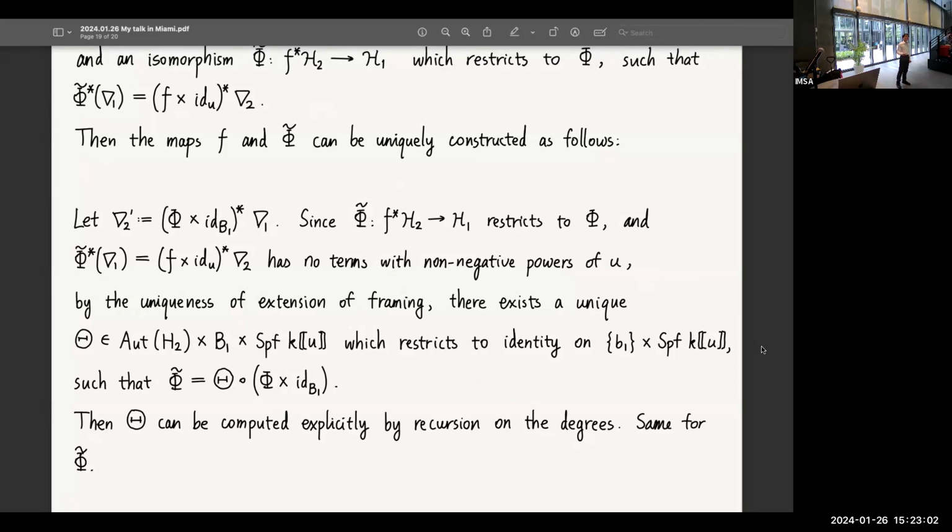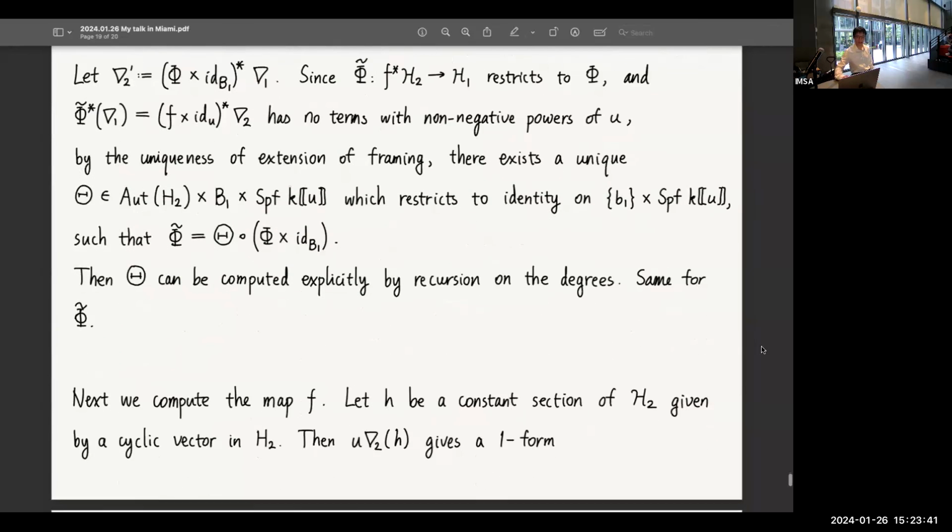Therefore, we can use the uniqueness of extension framing to show that there exists a unique gauge equivalence, this capital Theta, which doesn't do anything on the limiting point, and which does the job to take one phi into the other phi tilde. And by the proof of the extension framing, this Theta can be computed explicitly by recursion on the degrees, and the same for phi tilde.